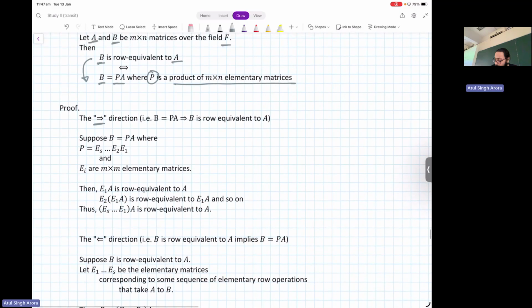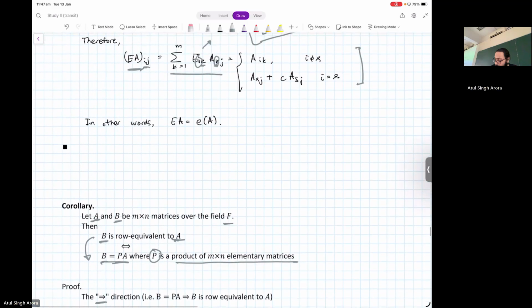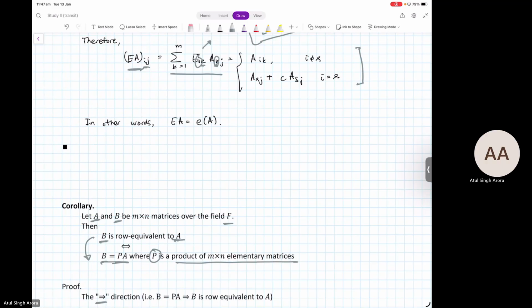We're going to assume that B is row equivalent to A, and then we're going to prove that this statement is true. So before we start, does anyone have any guesses on how you would prove something? Exactly.